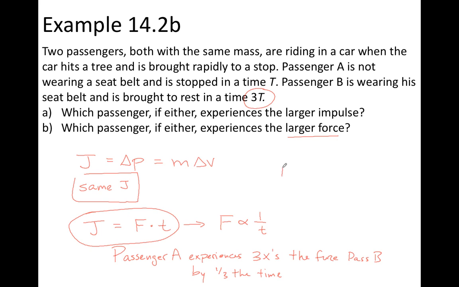So for the same impulse, you can have a force times a large time. This was passenger B. Or you could have a large force exerted over a very short time. And this is what happened to passenger A. The safety devices in your car want this to happen, and we don't want this to happen because it is not the impulse that causes injury, it is the force.